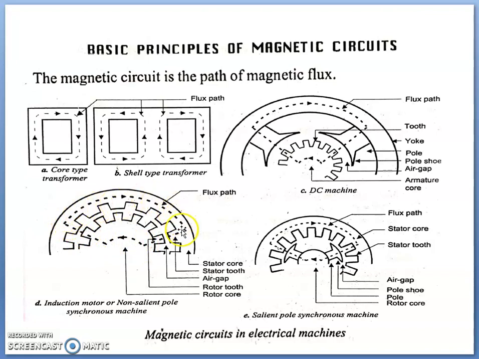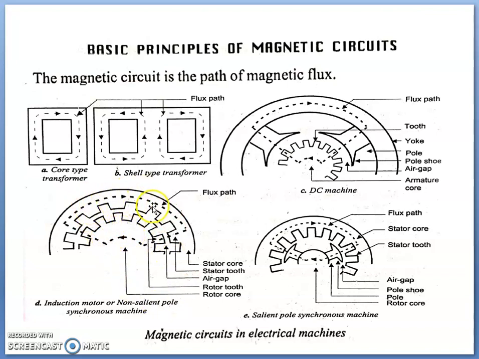This is for a particular phase and particular pole. A certain number of slots may constitute a pole. Slots per pole per phase. I think you are remembering that term, slots per pole per phase.